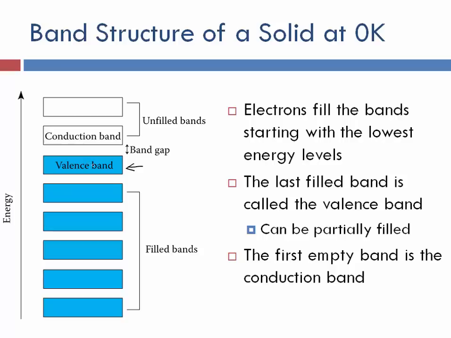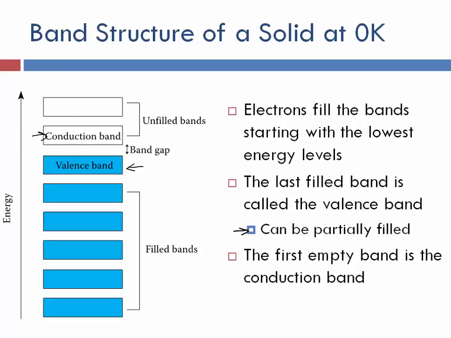The last filled band is called the valence band, and it could be partially filled, it doesn't have to be fully filled, but the highest energy band that has some electrons in it is called the valence band. And above that, the first band to not have any electrons in it is called the conduction band.